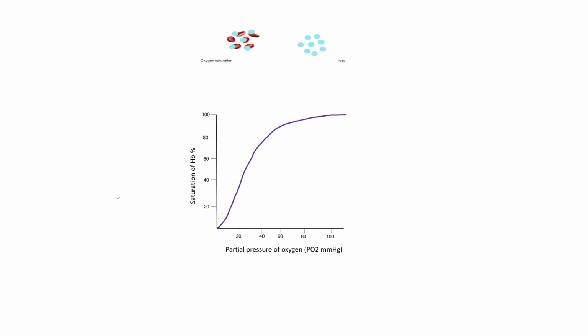Suppose we have hemoglobin that has low affinity for oxygen. In this situation, oxygen will readily dissociate from hemoglobin and this will increase the partial pressure of oxygen. So the direction of the reaction will be towards the right. This will also shift the oxygen dissociation curve towards the right.